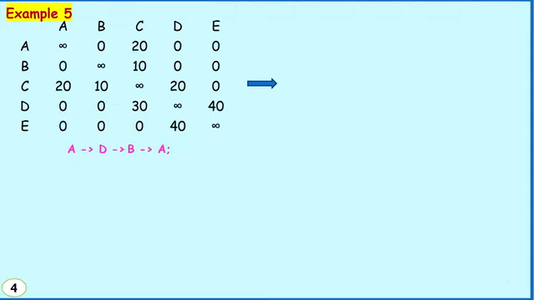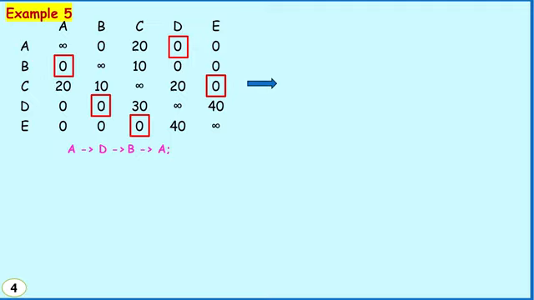Now if you see the route, the journey starts from A to D, and again from D to B, and from B to A. That means without covering C, it is coming back to A. That means this is not the ideal route.